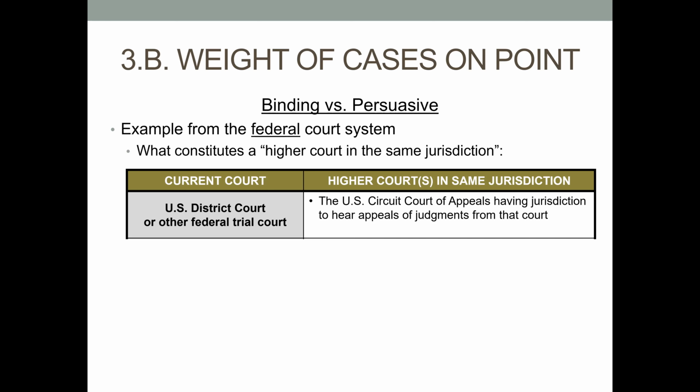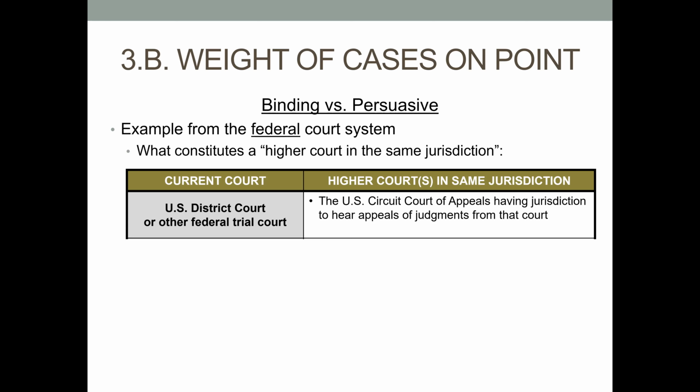The first is a case on point issued by the U.S. Circuit Court of Appeals that has jurisdiction to hear appeals from your client's court will be binding authority on your client's court. Now, it's not going to be just any U.S. Circuit Court of Appeals opinion that's going to be binding. It would have to be an opinion by the U.S. Circuit Court of Appeals that would specifically have appellate jurisdiction over your client's court in the event that a losing party appealed.